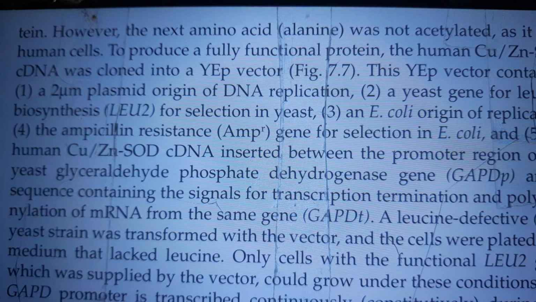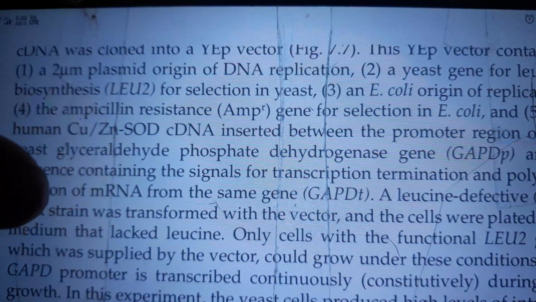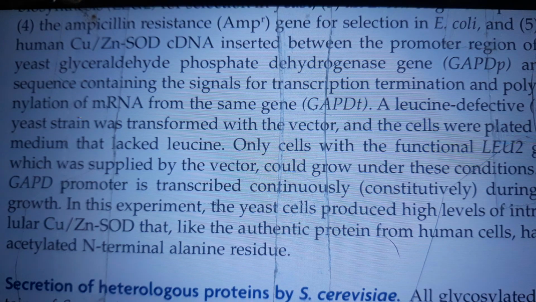The ampicillin resistance, AMP, gene for selection in E. coli; and 5. The human copper zinc SOD cDNA inserted between the promoter region of the yeast glyceraldehyde phosphate dehydrogenase gene, GAPDH, and a sequence containing the signals for transcription termination and polyadenylation of mRNA from the same gene.